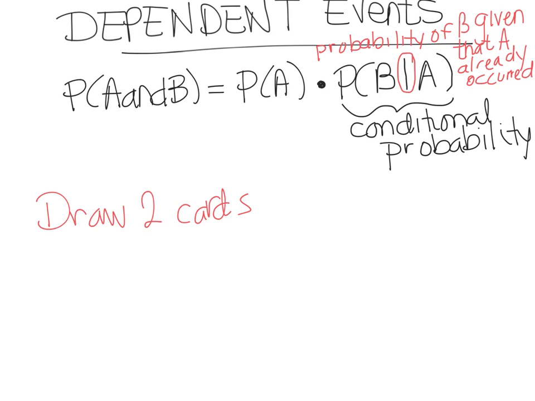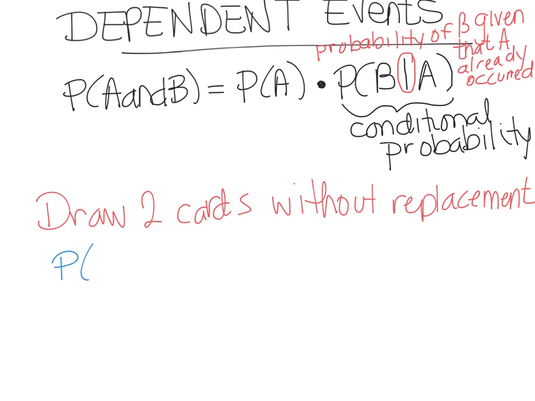Let's see, where was I? Draw two cards without replacement. So once you draw a card out, it stays out. So in this case, we want to imagine what is the probability of getting 2 aces.